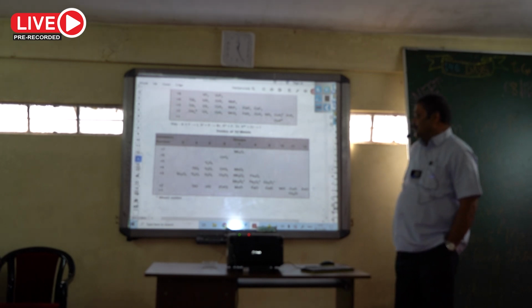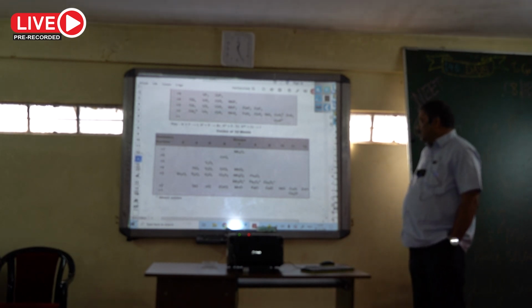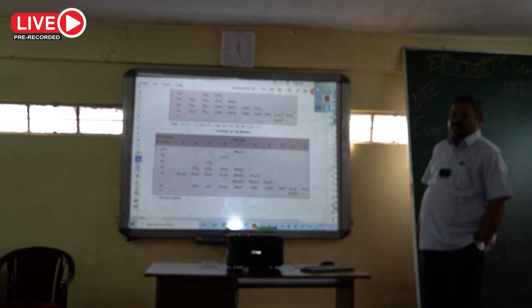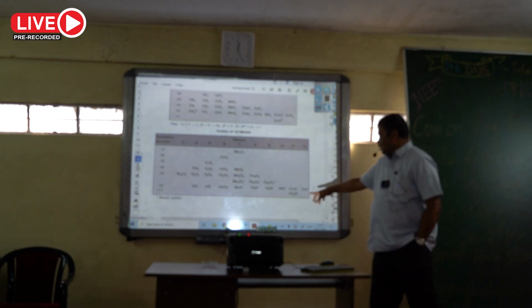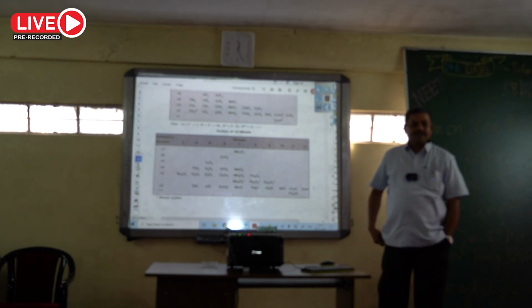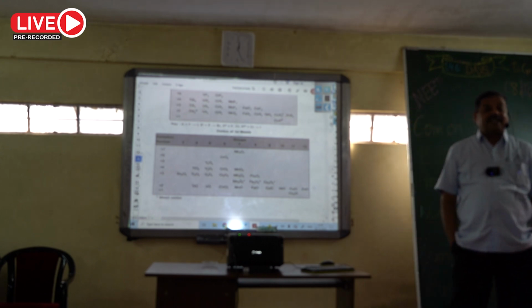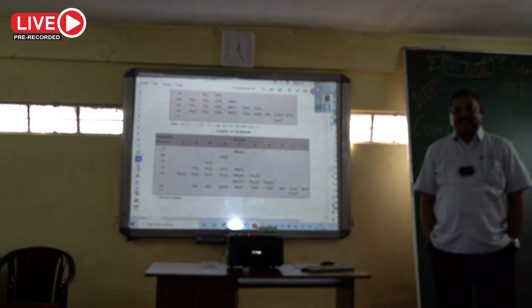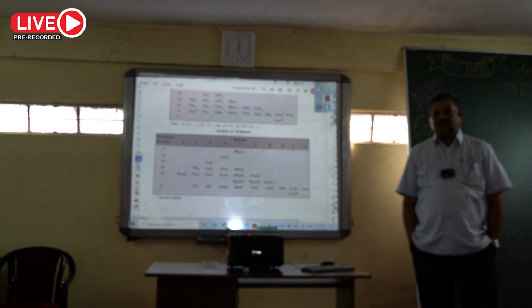See here, oxides are given. You have only one +1 oxide, that is cuprous oxide. Cuprous oxide is red color, red precipitate, which you studied in your aldehydes and ketones.